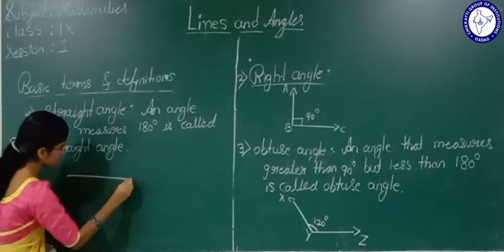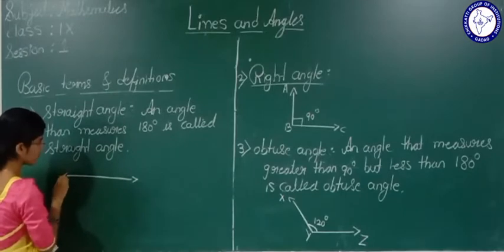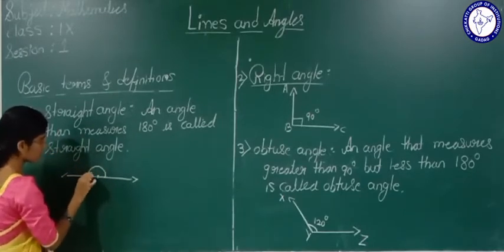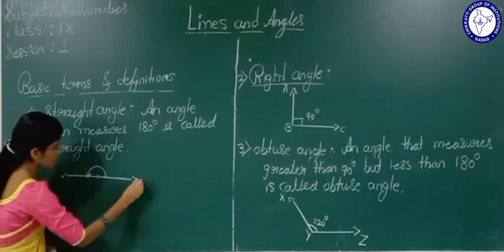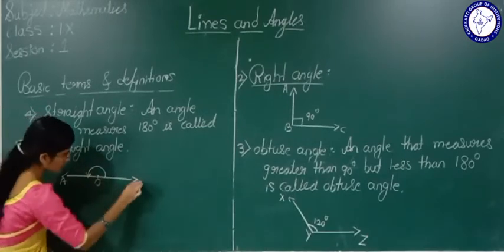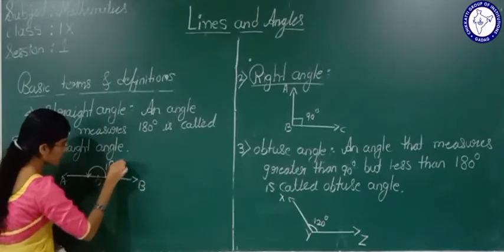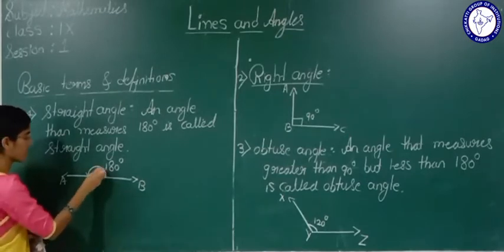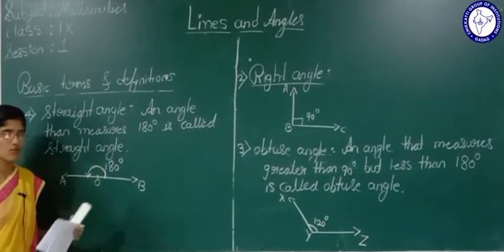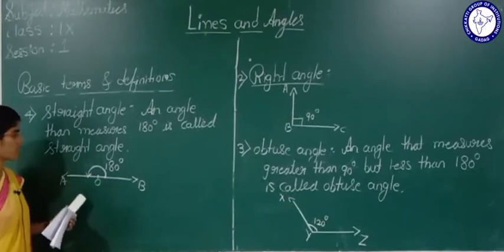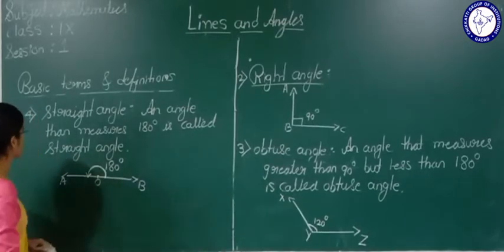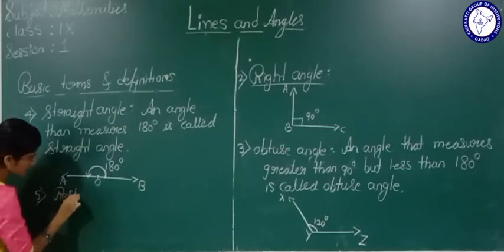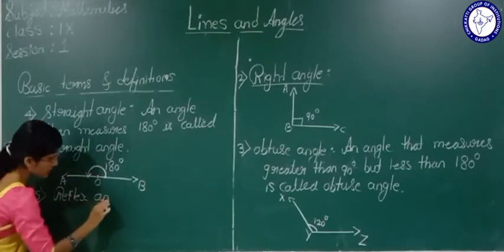See here. Okay, you can tell this is nothing but 180 degree. An angle that measures 180 degree is called a straight angle. Next we will see what is reflex angle. This all you learnt, no? We are just revising this.